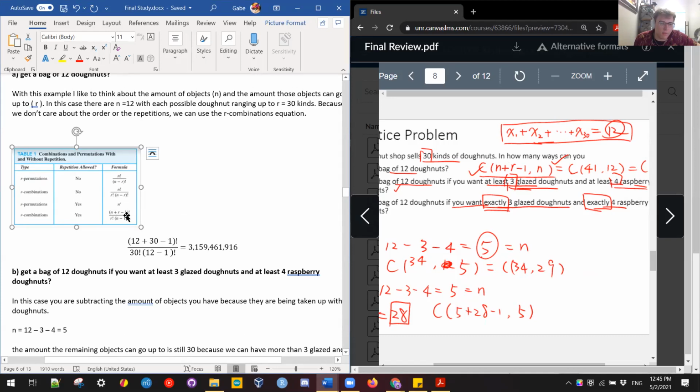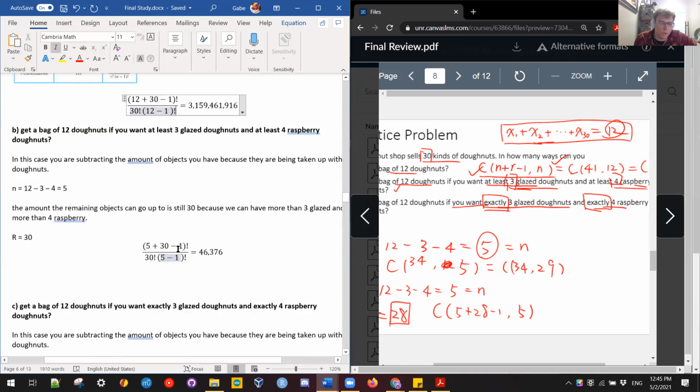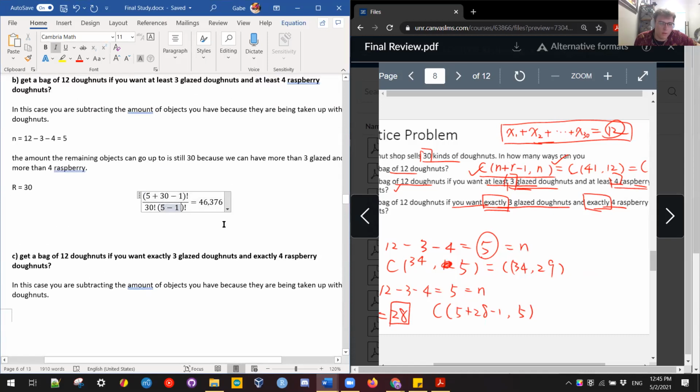Okay, this one, n plus, yep, and then n minus 1. Did I do n minus 1? Yeah. Sorry about that. I don't know what I did there. Yeah, no, it looks like everything is right.